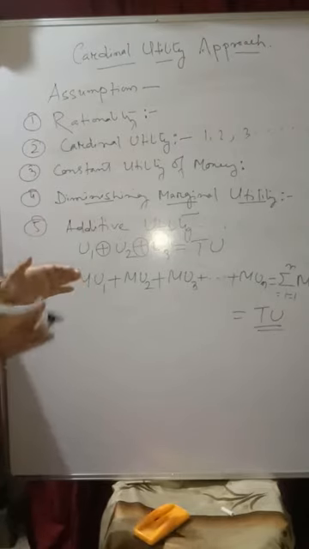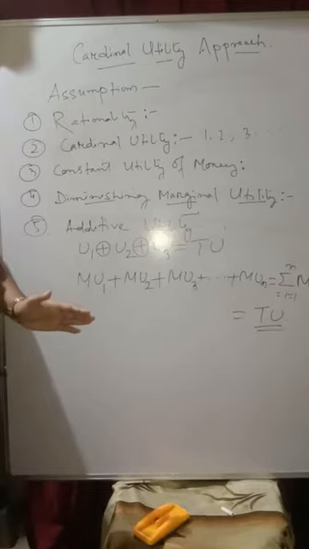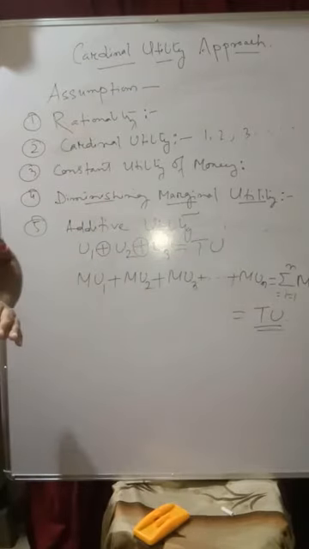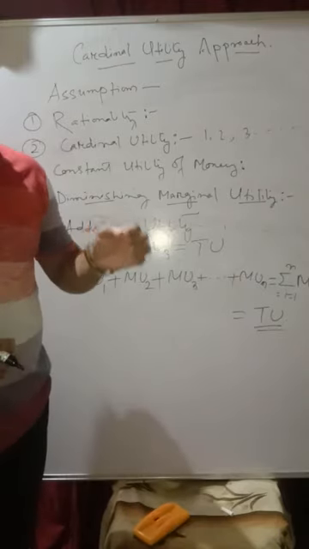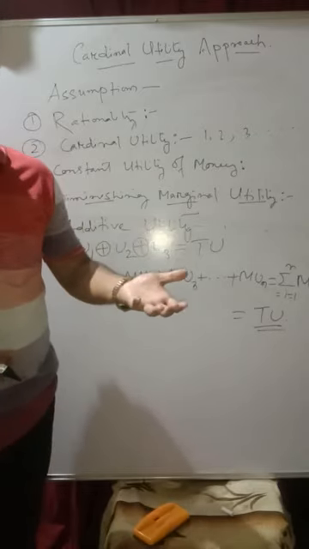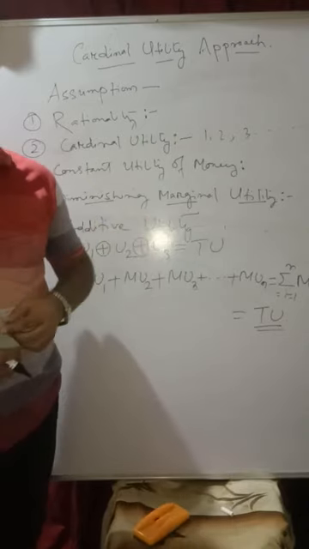Today we have started the cardinal utility approach. First we defined cardinal utility, then we discussed the different assumptions under it. In our next class we shall discuss the law of diminishing marginal utility, and in successive classes we shall discuss consumer's equilibrium under the cardinal utility approach.